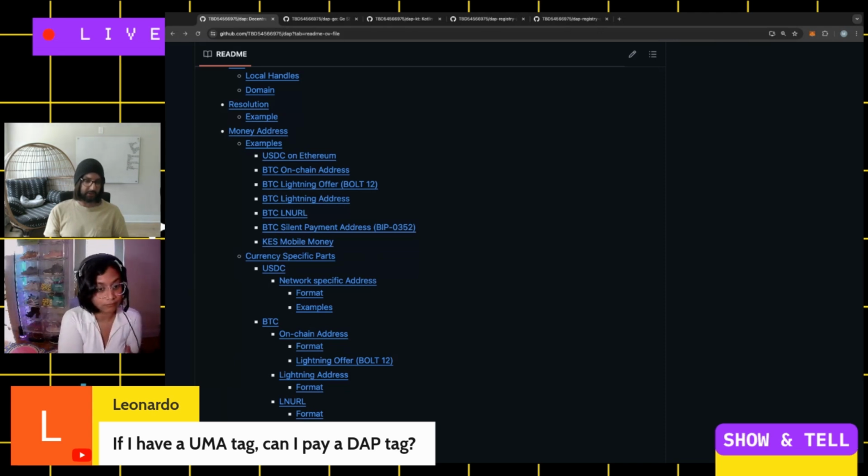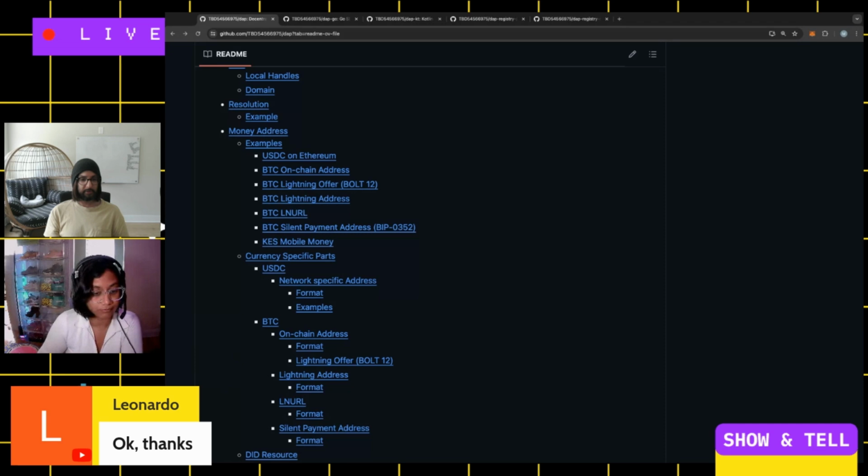Now, to answer your question concretely, if there is an app that supports DAPs and UMA, absolutely. So if you handed out your DAP to someone who is using a UMA enabled app and your DAP happened to have a UMA, they could absolutely pay your UMA via resolving the DAP.